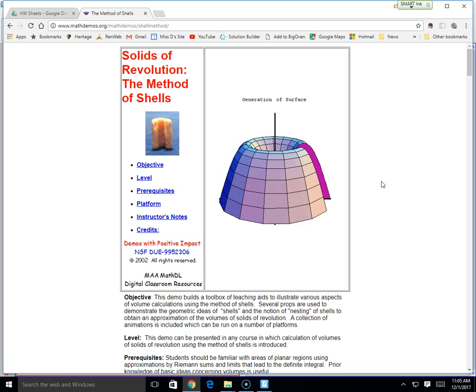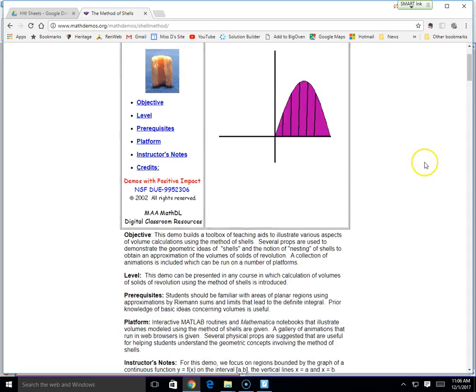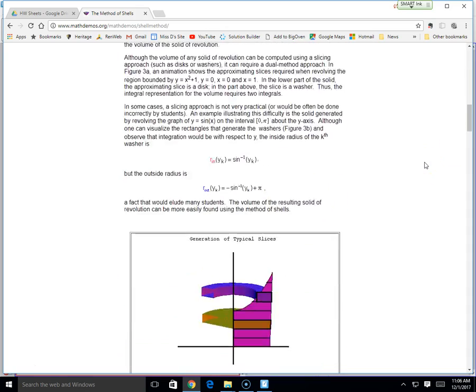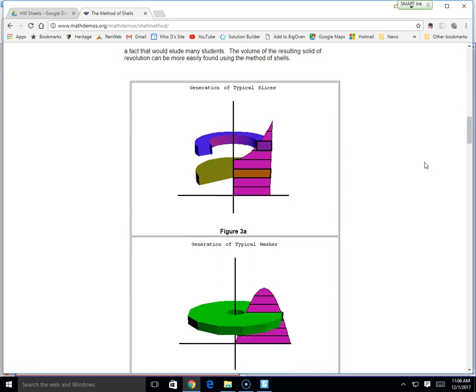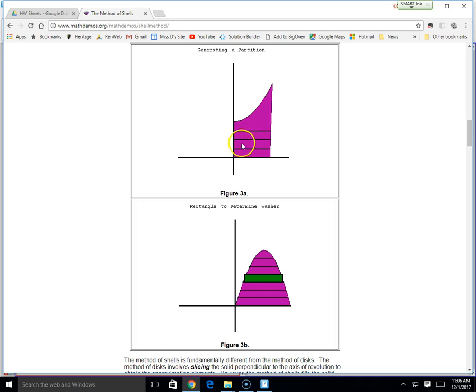So it was fragmented, but so were Riemann zones until we put them in an integral and have them accumulate throughout the region infinitesimally thin. Another way of visualizing it is, if we were doing another region, rotating this region around this y-axis, we would cut perpendicular for both the discs and the washers.